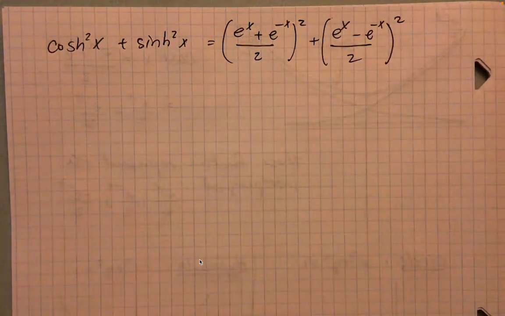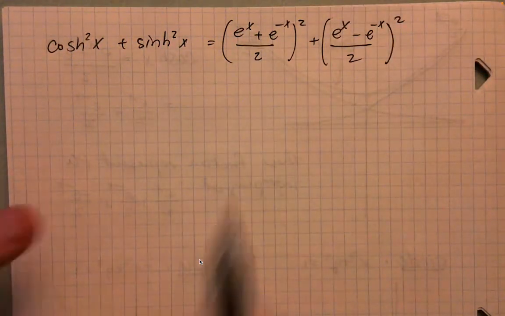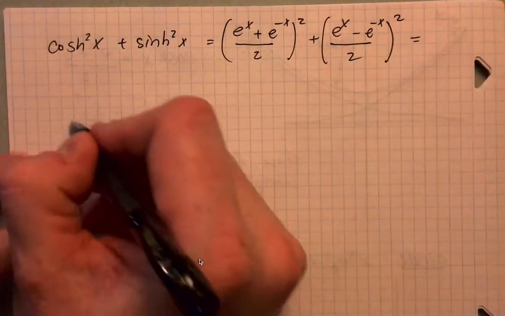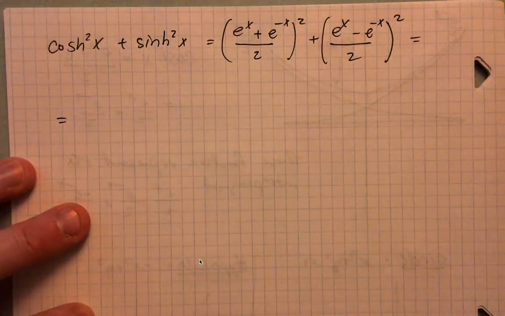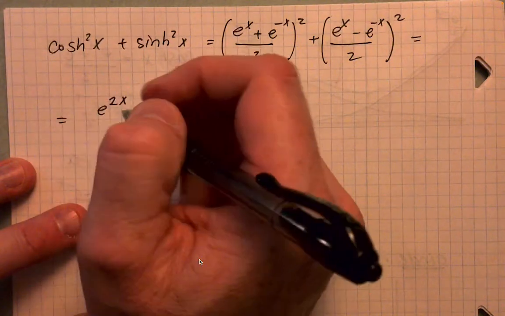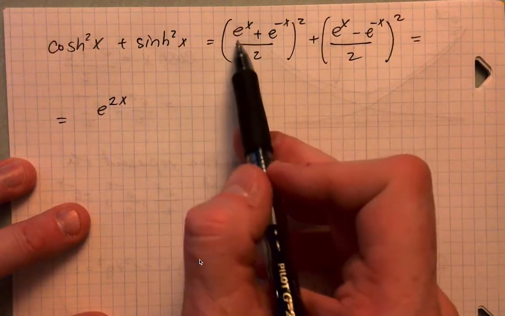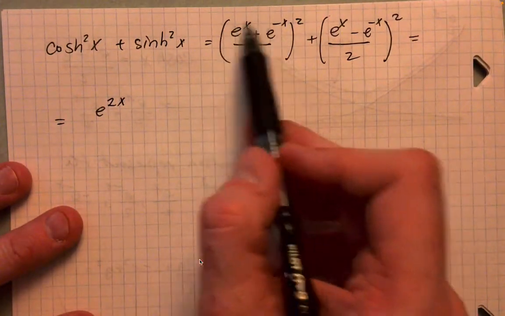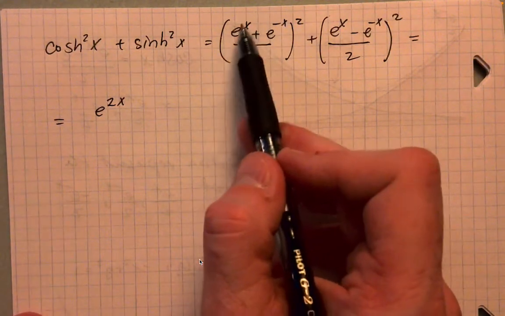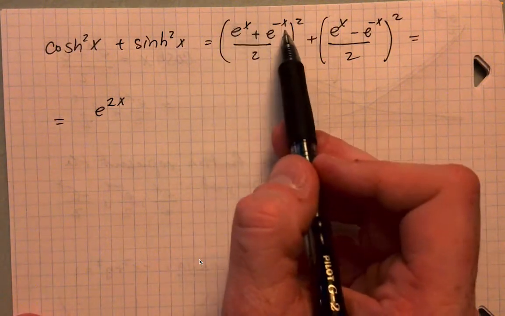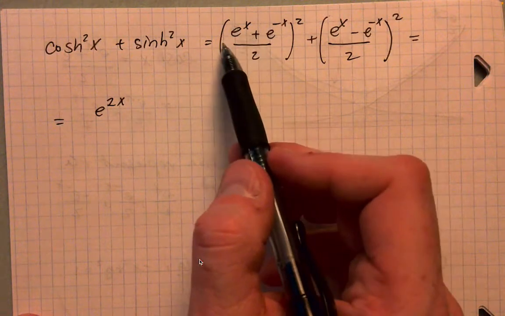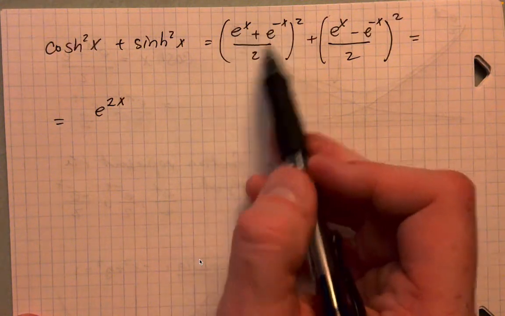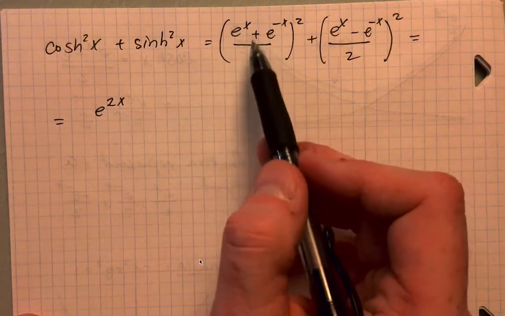then if I were to expand all of this, if I FOIL out this numerator, I get e to the 2x, and then in the middle I get plus e to the x times e to the negative x plus e to the x times e to the negative x.